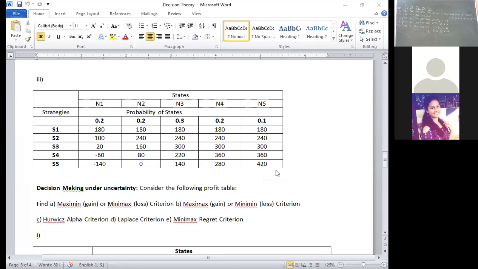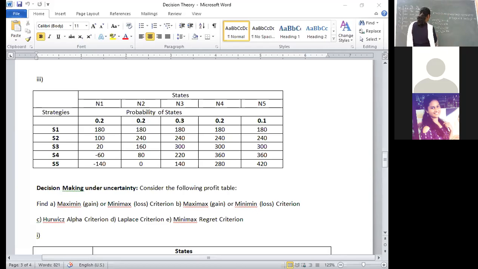Those who have completed them, go through EVPI also, calculate EVPI. Tell me the EVPI value.